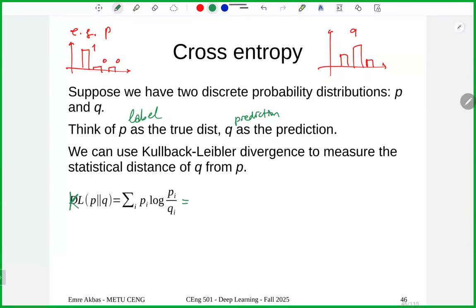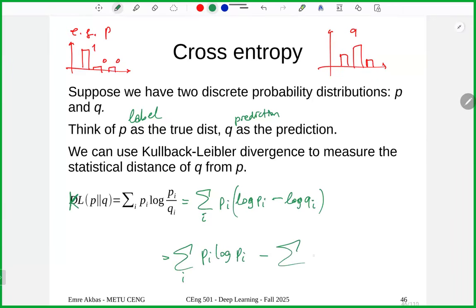And you can expand the log. Now we split up the log fraction into two logs, and then what you get is pi log pi minus pi log qi.